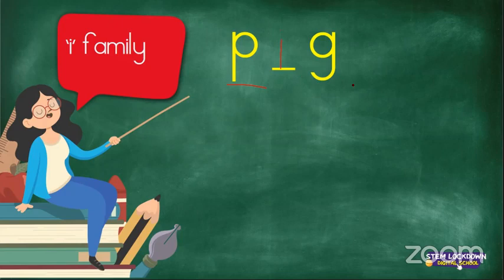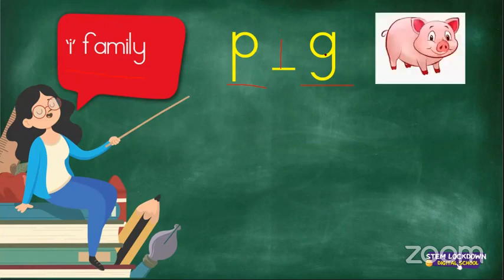What letter is this? G. That's right. G. Well done, Anga. P, E, G. Remember, we're learning about the E family. So E goes in the middle of our word. So we've got P, E, G. And what does that sound say? P, E, G says pig. Good. Well done.